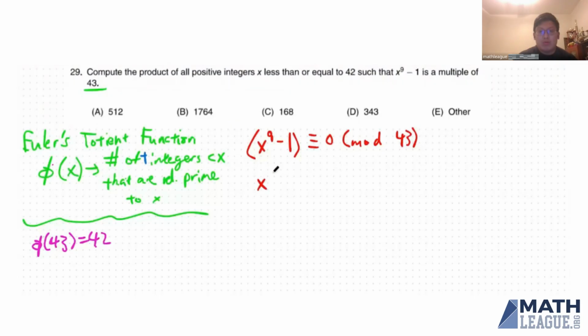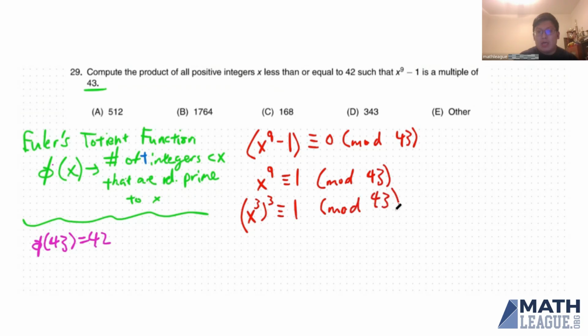Now this is equivalent to saying that x to the ninth has to leave a remainder of 1 when dividing by 43. And now we're going to return to phi of 43 equals 42. We can note that x to the ninth can be written as x cubed to the third power, right?